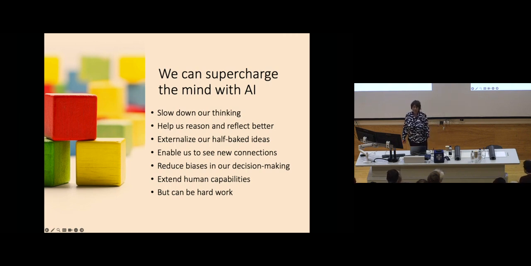And sometimes it could help us maybe to externalize our half-baked ideas, maybe even to see new connections in what's in front of us, and reduce some of the biases and hunches that we have in our decision-making, and extend human capabilities. But as we've shown in some of the studies, it does require more cognitive work, and that can be hard.